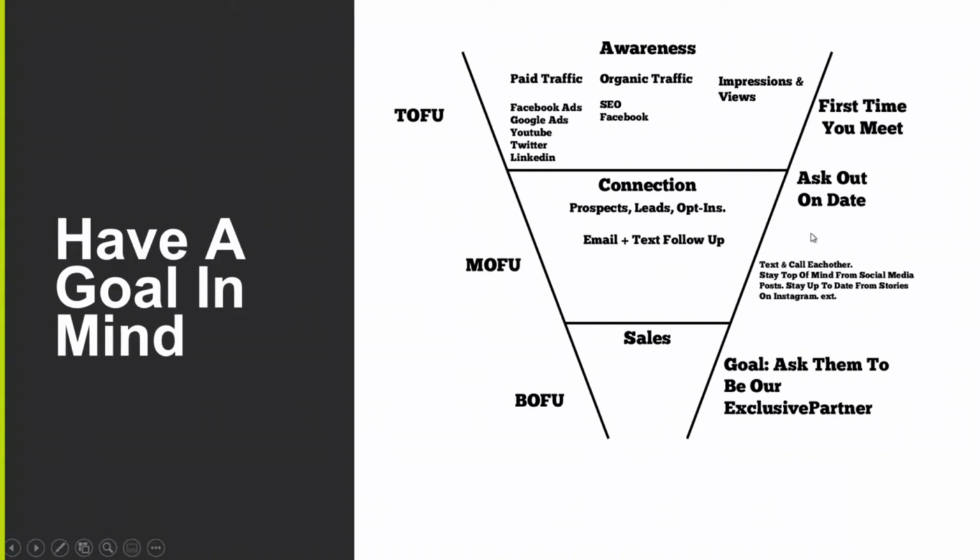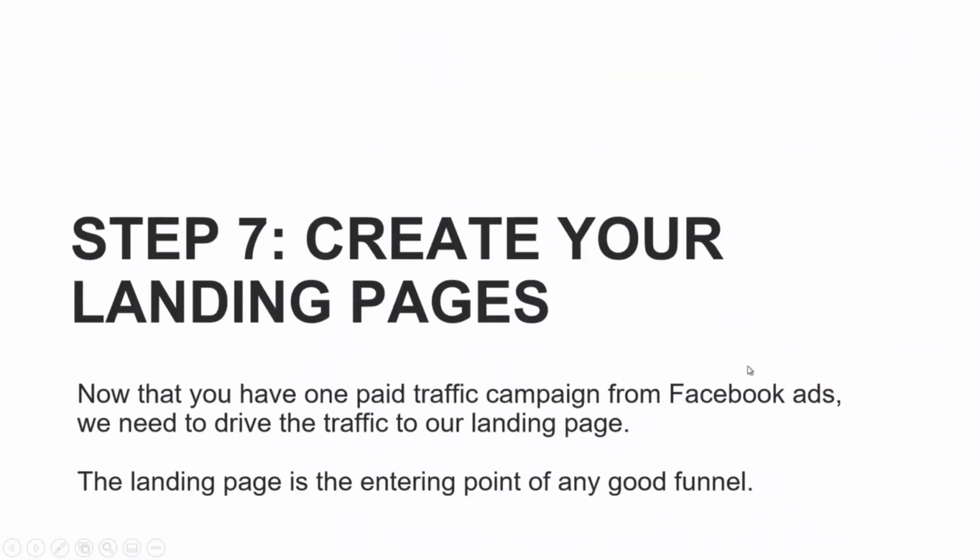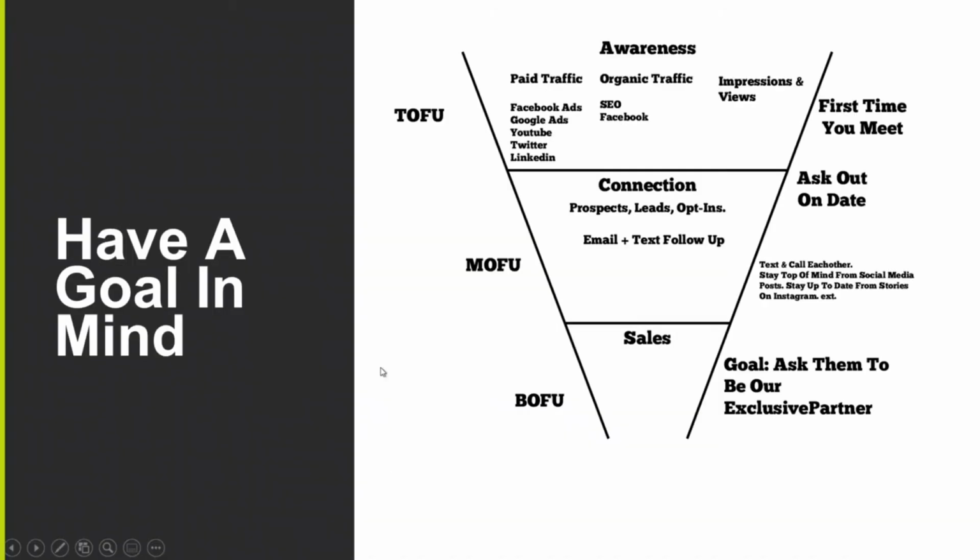So this is a metaphor relating to dating to help you understand. So you text them, you call each other, you stay top of mind, stay relevant. And then your goal is eventually to ask them to be your partner, like exclusively, like, hey, we've been dating, but let's go out just with each other.